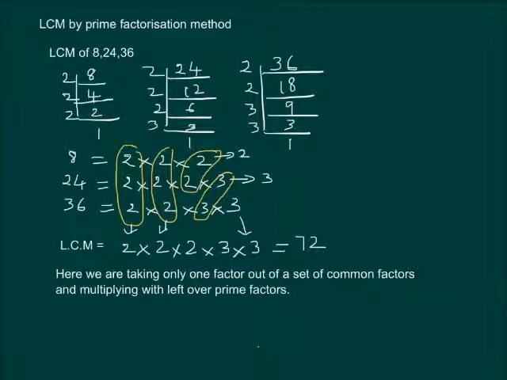So for LCM we are taking only one factor out of the set of common factors and also multiplying with the leftover prime factors.